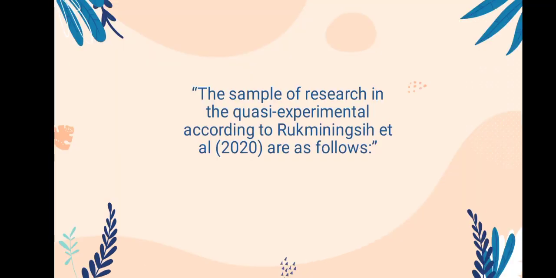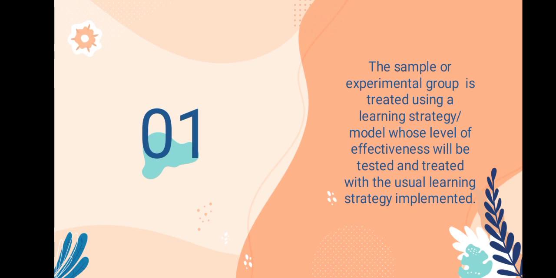Next, the sample of research in quasi-experimental research according to Rukmini et al., 2020, is as follows. Number 1, the sample of the experimental group is treated using a learning strategy or model whose level of effectiveness will be tested, and the control group is treated with the usual learning strategy.